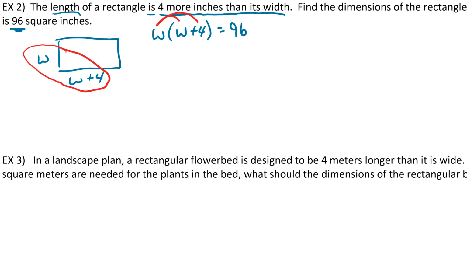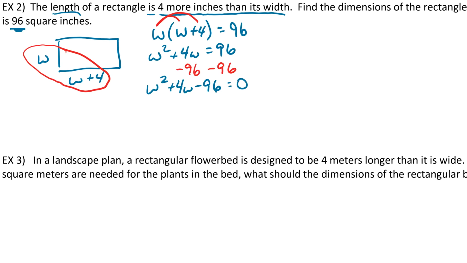So distribute the W. We get W squared plus 4W equals 96. Subtract 96 from both sides. We get W squared plus 4W minus 96 equals 0.